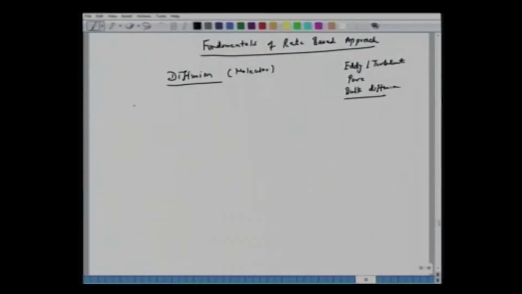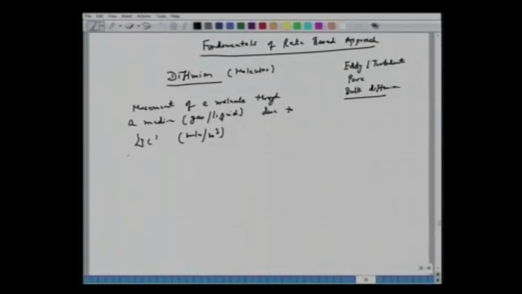So we are referring to movement or transport of a molecule through a medium which could be gas or could be liquid, due to certain concentration gradient del C. So for example we are talking in terms of moles per cubic meter.